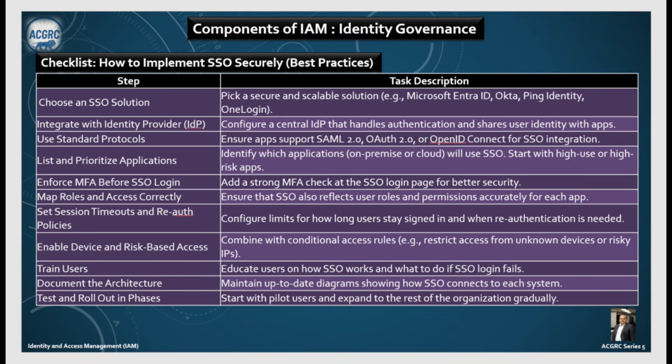Configure a central IDP, that is identity provider, that handles authentication and shares user identity with apps. Ensure the app supports SAML 2.0, OAuth 2.0, or OpenID Connect for SSO integration. It's important. These are standard protocols.